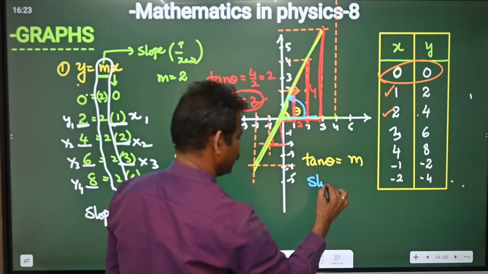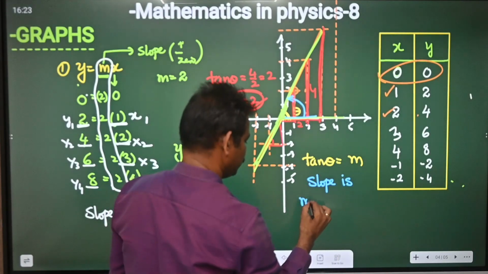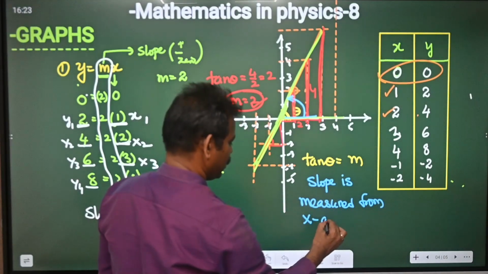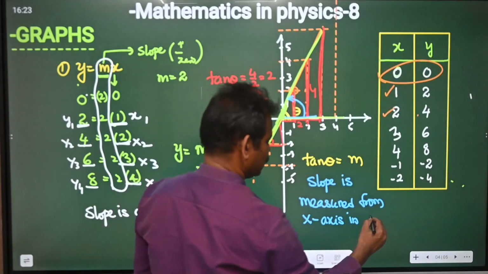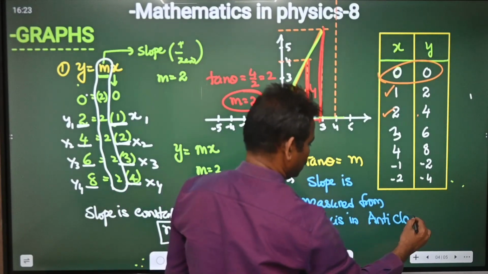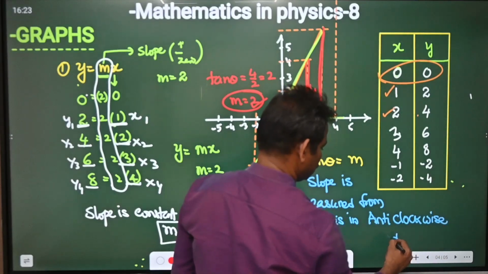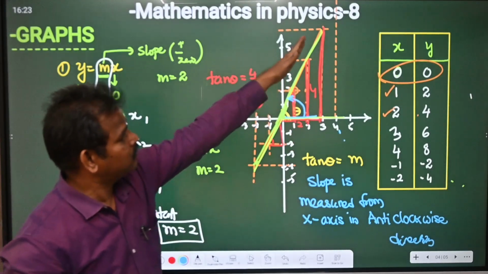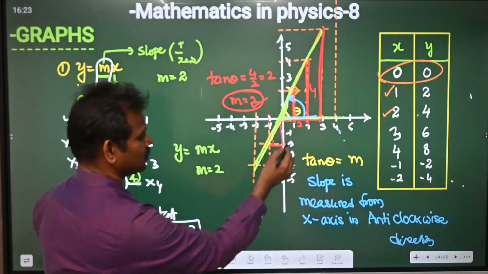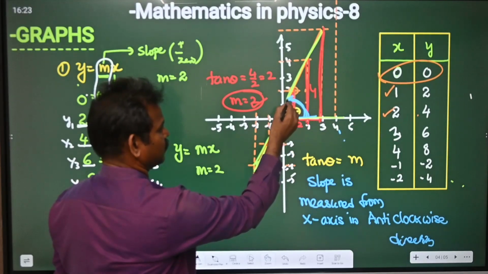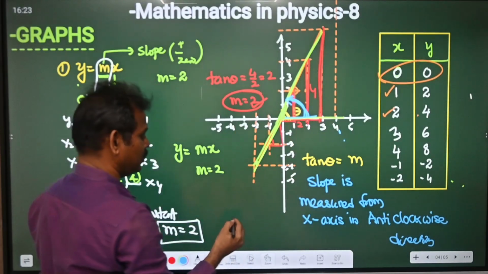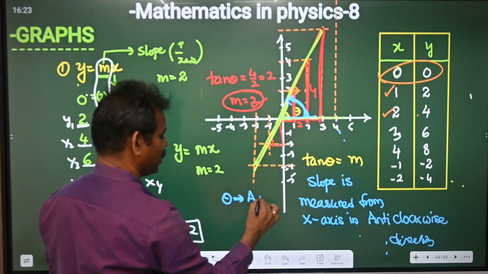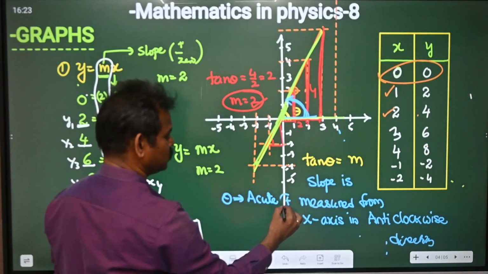So here, when we are measuring the slope of this green color line from x-axis in anti-clockwise direction, the angle will be less than 90. We know that theta less than 90 is called an acute angle. So the slope is said to be positive slope.